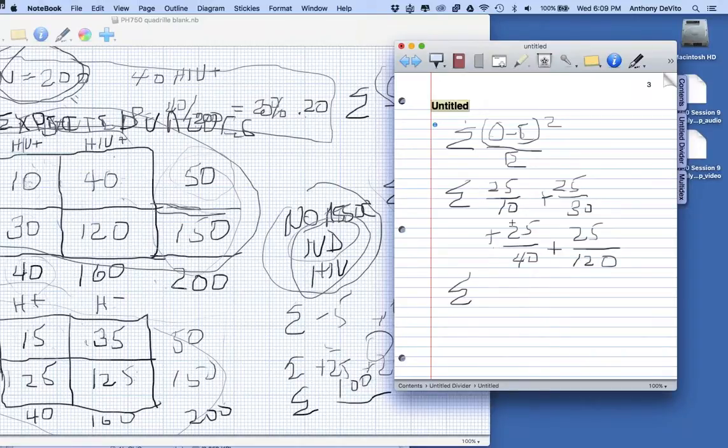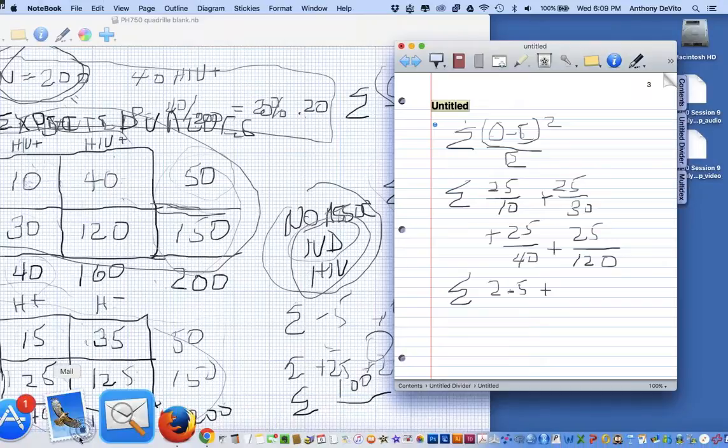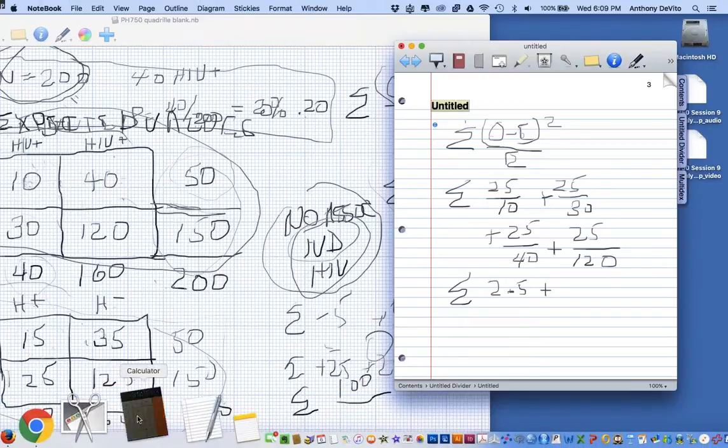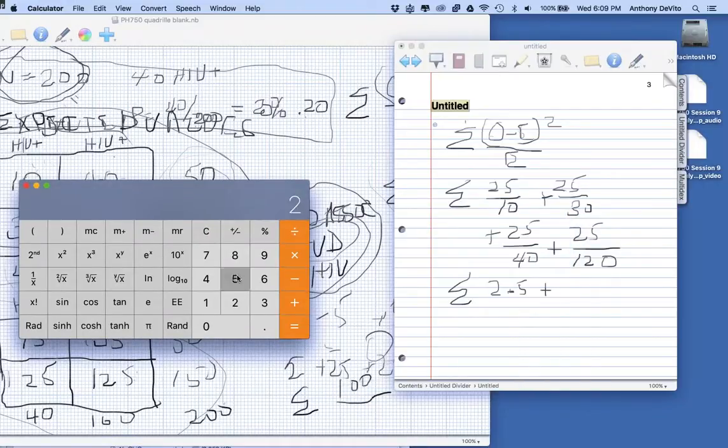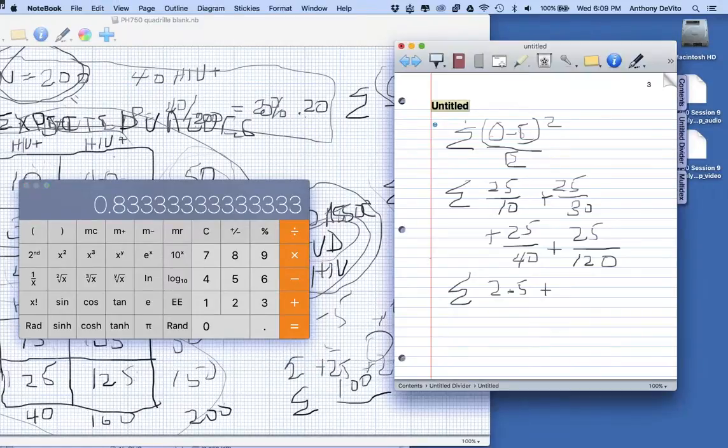So the sum of all of these is 2.5 plus 25 over 30, which is how much? 0.83.